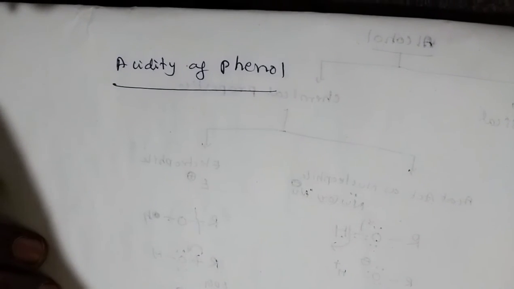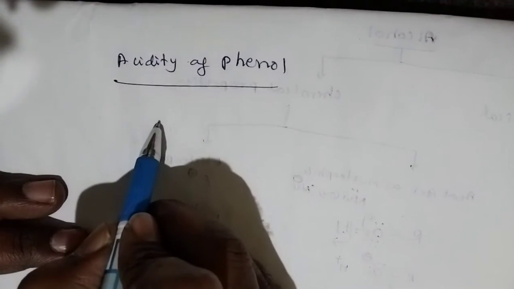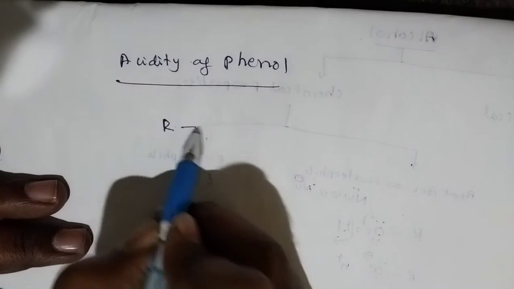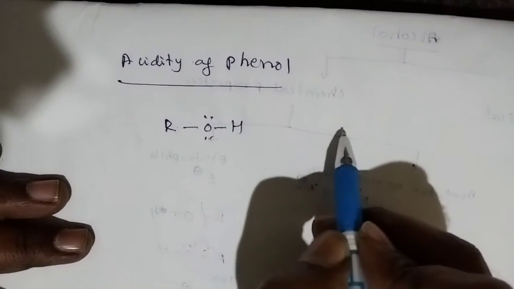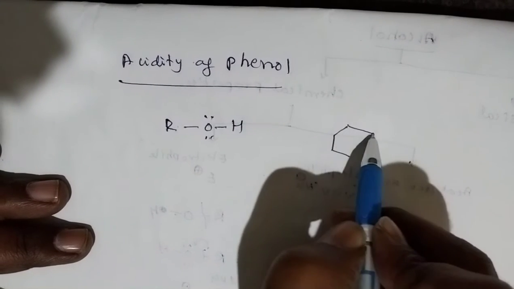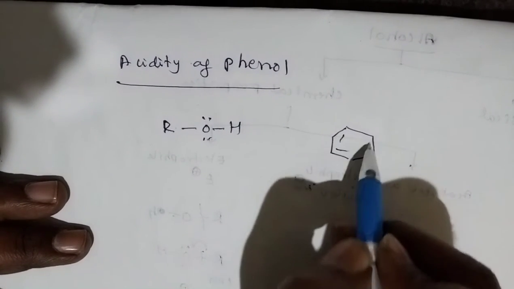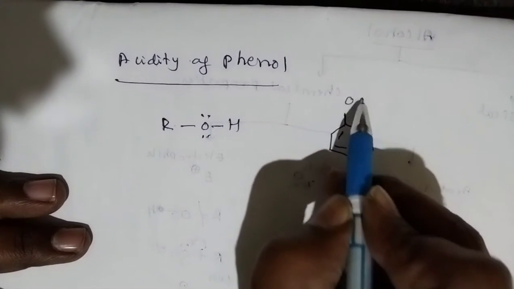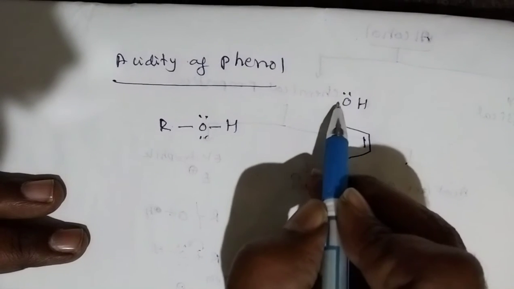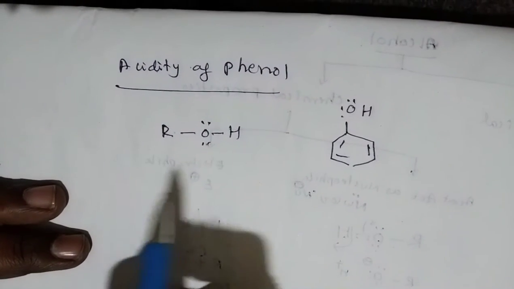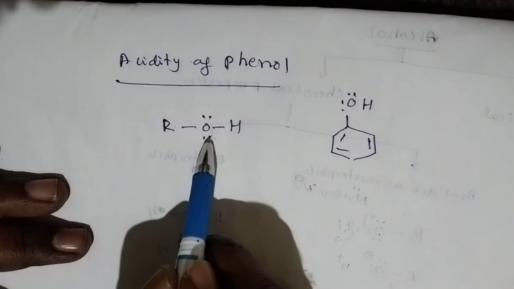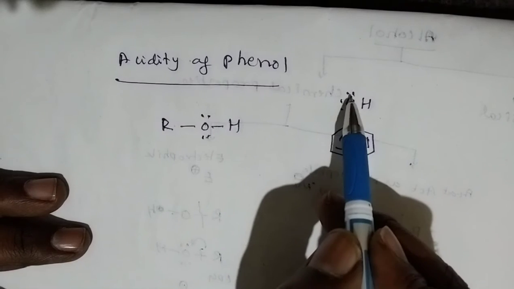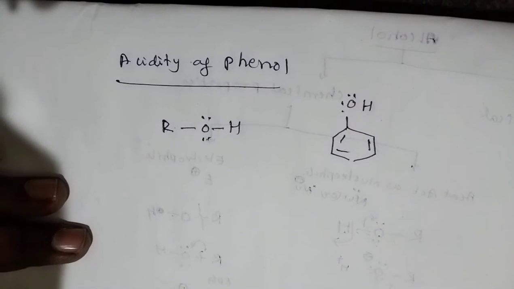Acidity of phenol. So what is the difference between alcohol and phenol? This is the structural difference between alcohol and phenol. In alcohol, oxygen carries 2 lone pairs of electrons. In phenol also, oxygen carries 2 lone pairs of electrons.